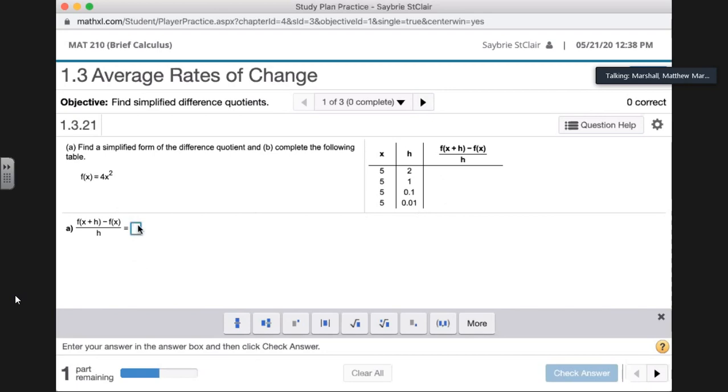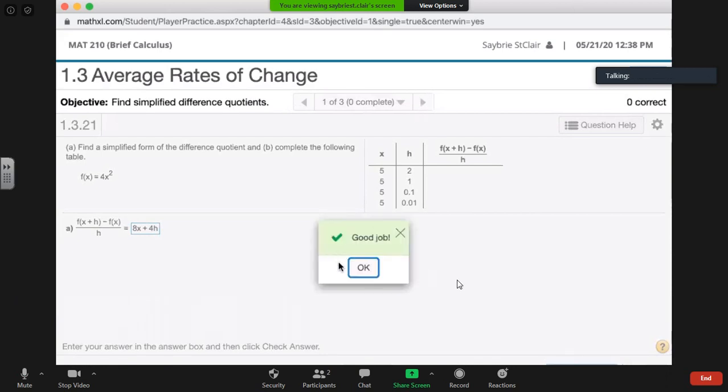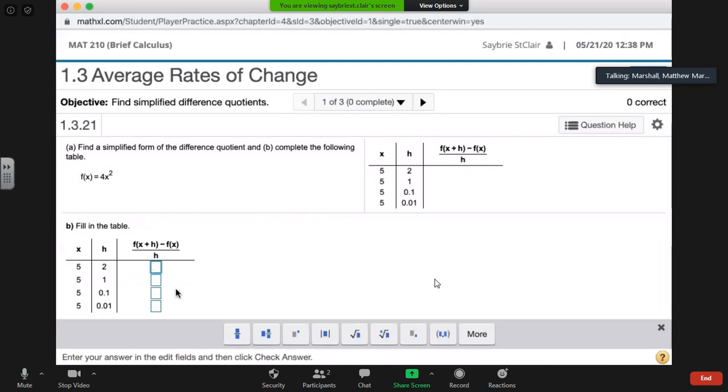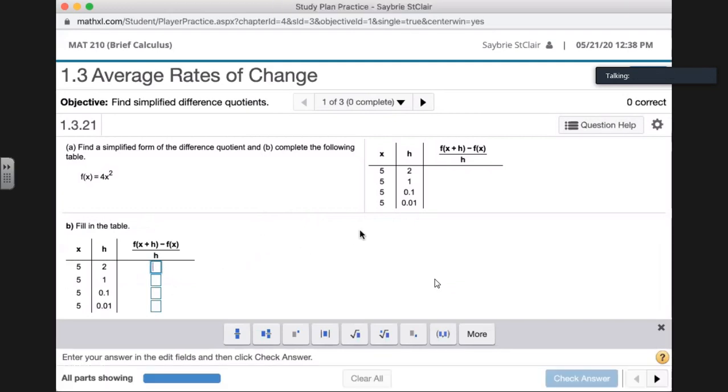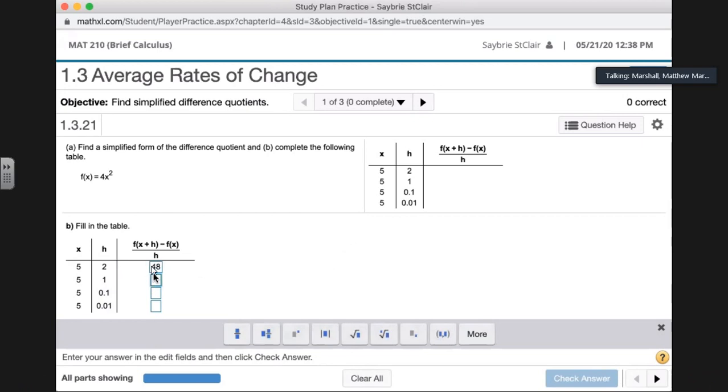I think first it wants that little 8x plus 4h right there. And then it wants you to plug in the values. No, just those answers when we plugged in numbers. So the 48 and then 44.